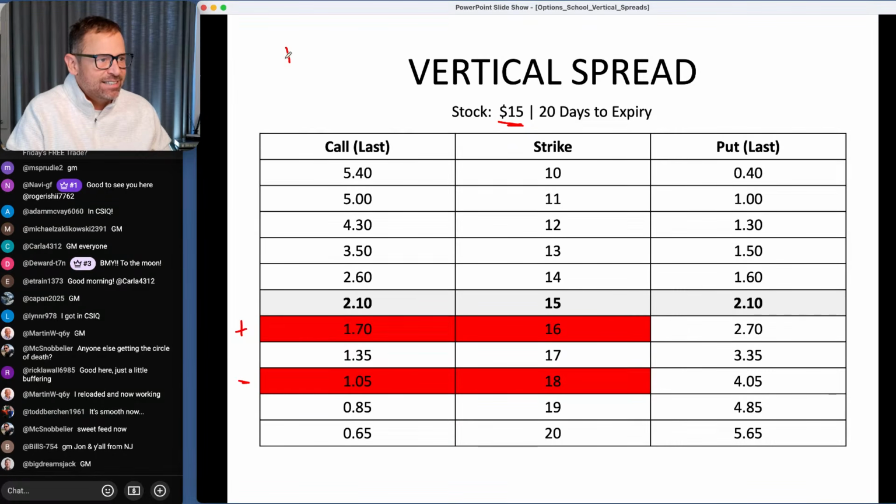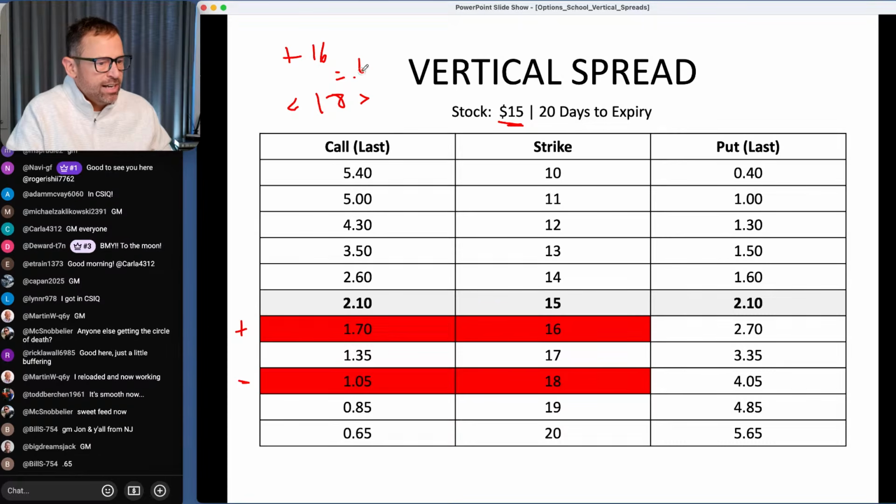Buying the 16s, selling the 18s. How much does that vertical spread cost? Looks like it's a little slow. Connection, good. 65 cents, right?